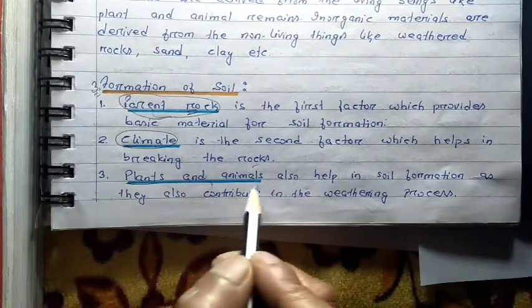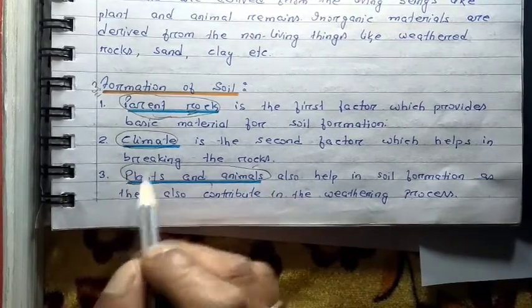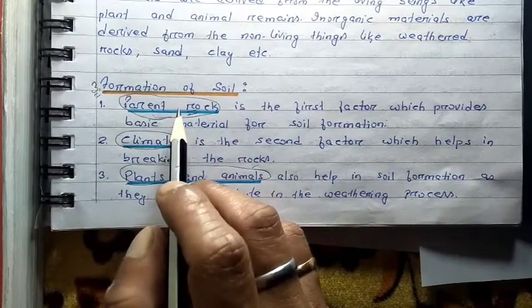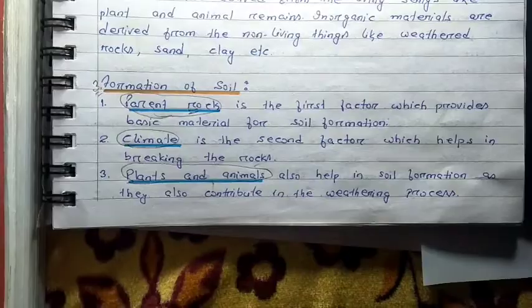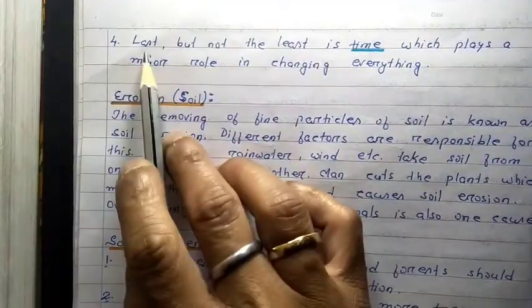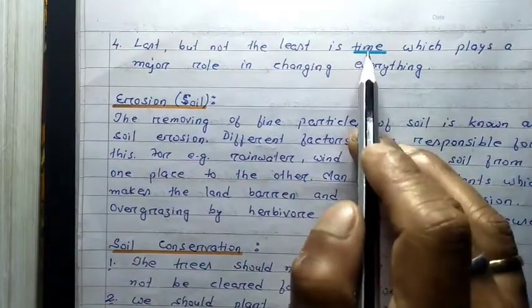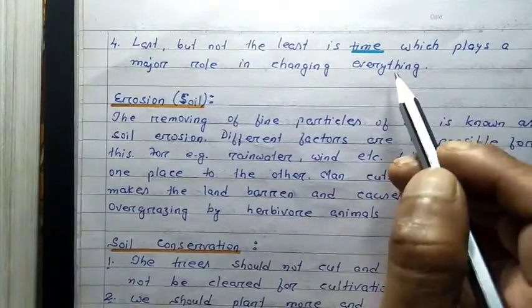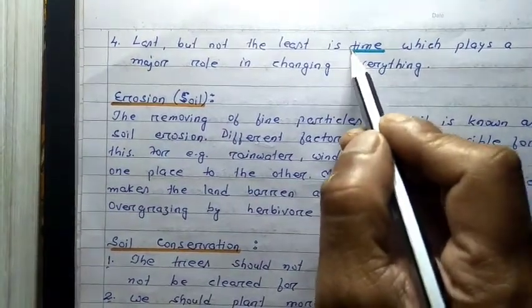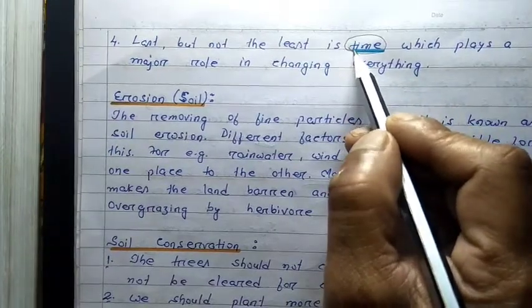Through their mechanical activities they help in the breaking up of the parent rock. The last factor, last but not the least, is time, which plays a major role in changing everything. Not only for the formation of soil, for changing everything, time is one of the most important factors.